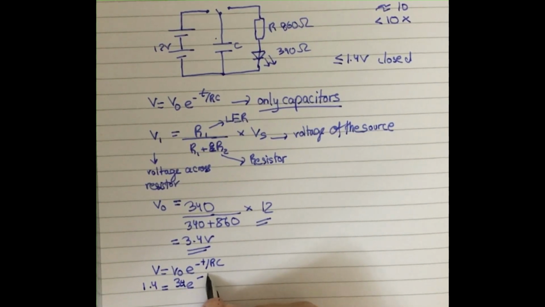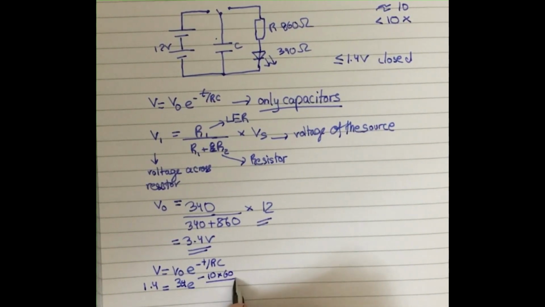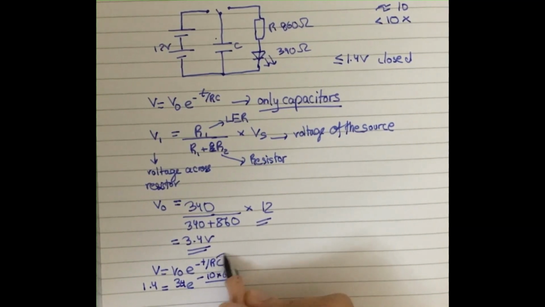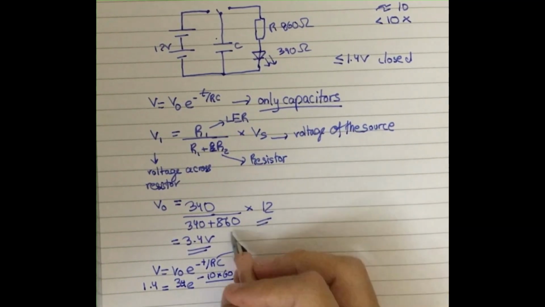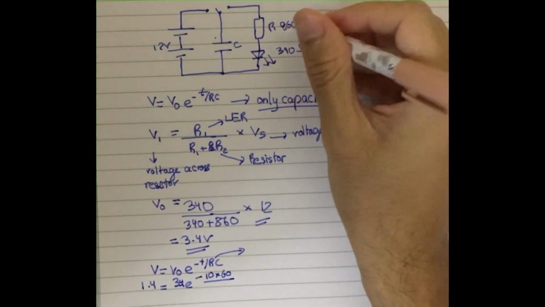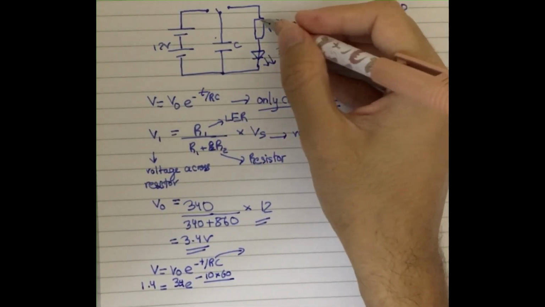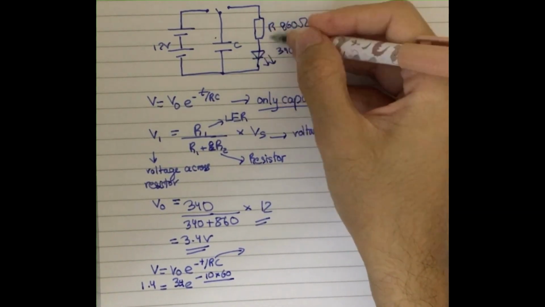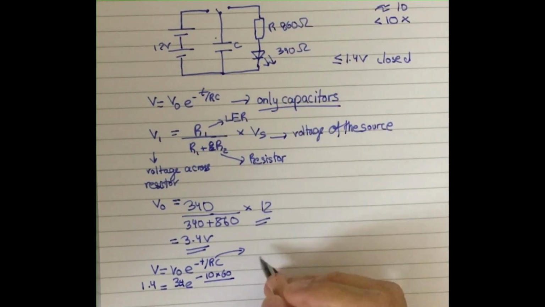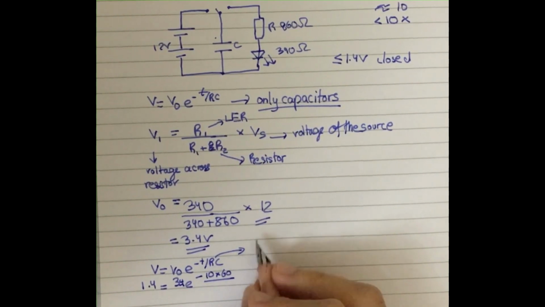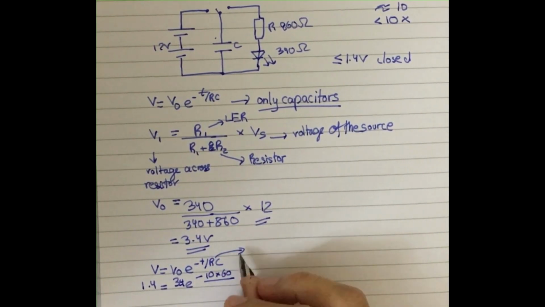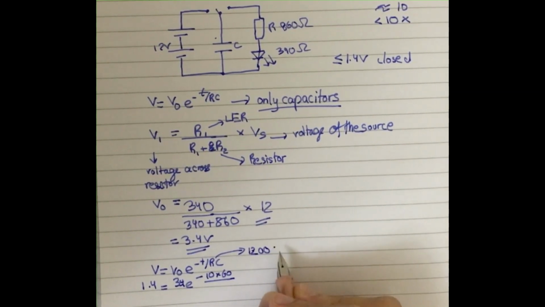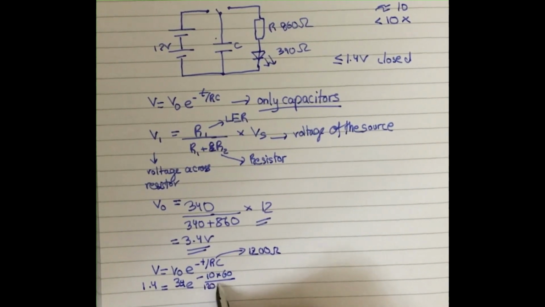The time is 10 minutes times 60 to convert it into seconds, right? And remember the resistance is the total resistance across the discharging circuit, so there are two, the resistor and the LED. So the total is 340 plus 860, which is 1200 ohms, right?